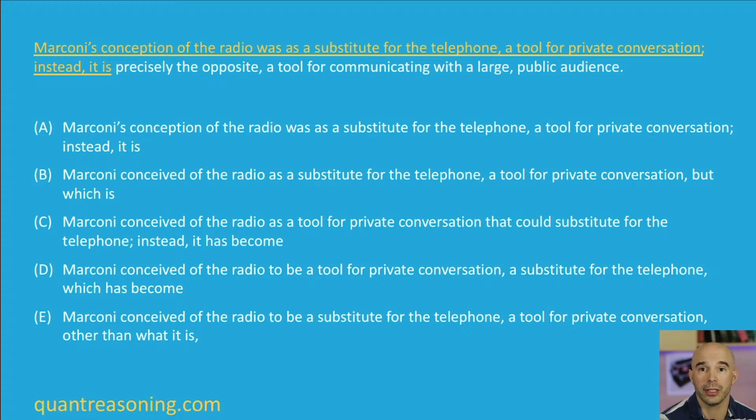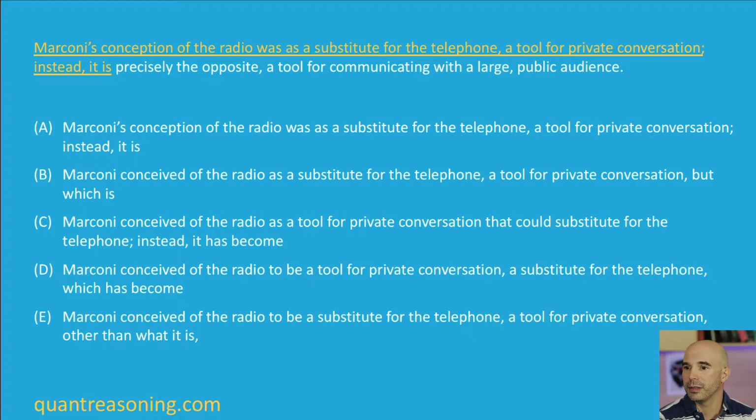You've got a semicolon instead in A and C, so that matches the "precisely the opposite." Answer choice B has the word "but," and answer choice E has the words "other than." Okay, so just superficially looking at the structural language and whether or not it makes sense in the context of saying "precisely the opposite," we can eliminate D, delta.